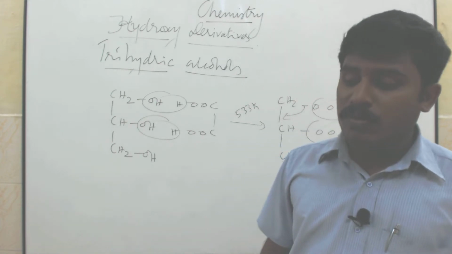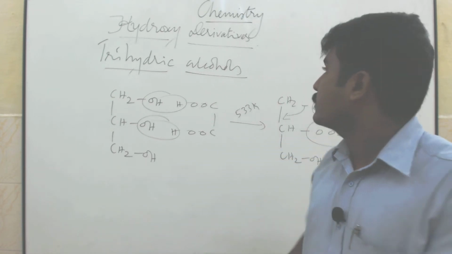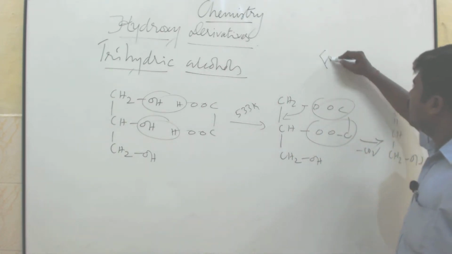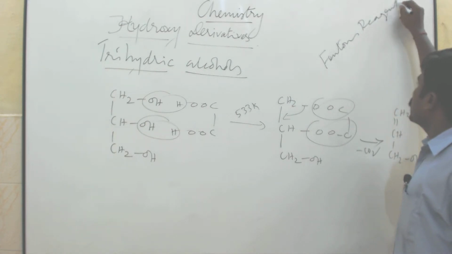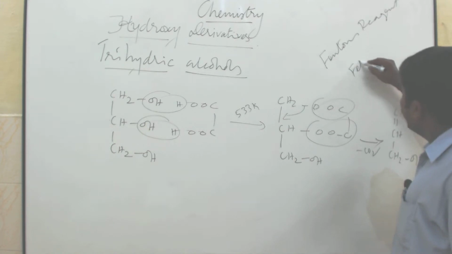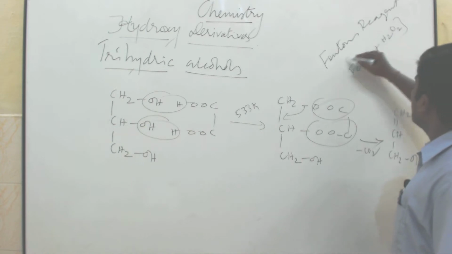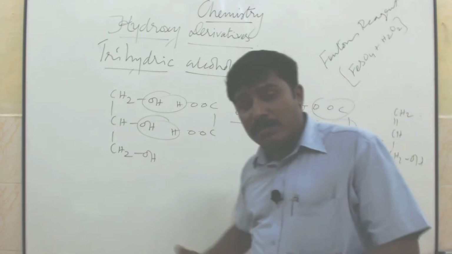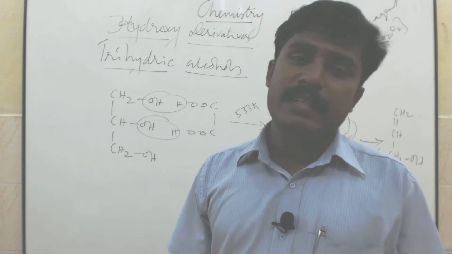That is a very important one mark question, namely combination of ferrous sulfate and hydrogen peroxide. Fe2+ ferrous sulfate and hydrogen peroxide, nothing but Fenton's reagent.